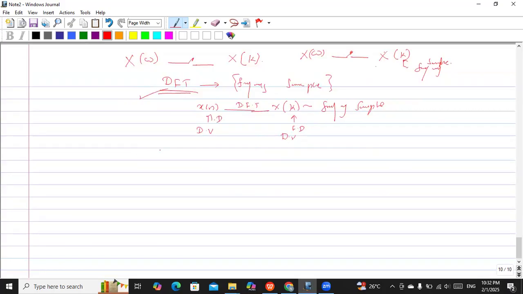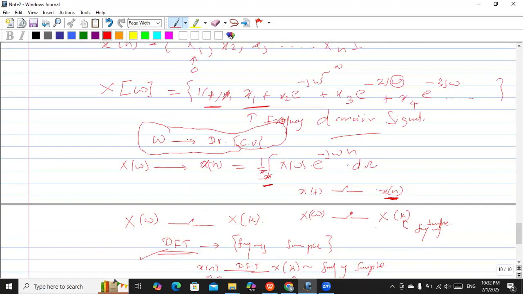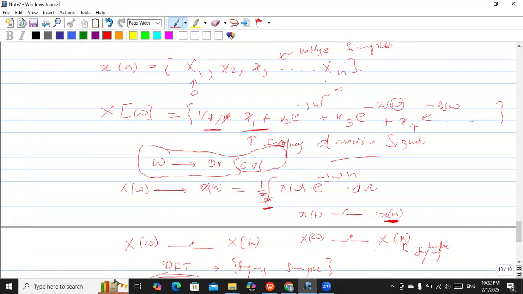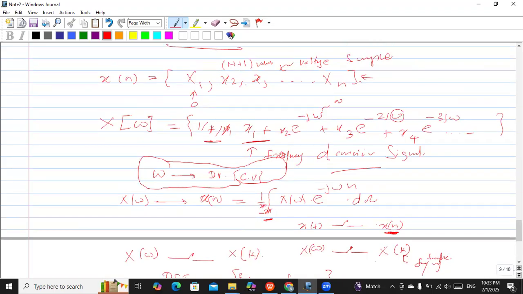Now it is like this. Let's say that you have this sequence. There are N plus 1 values here. If you need to get frequency samples, at least you need to have N plus 1 frequency samples, no?